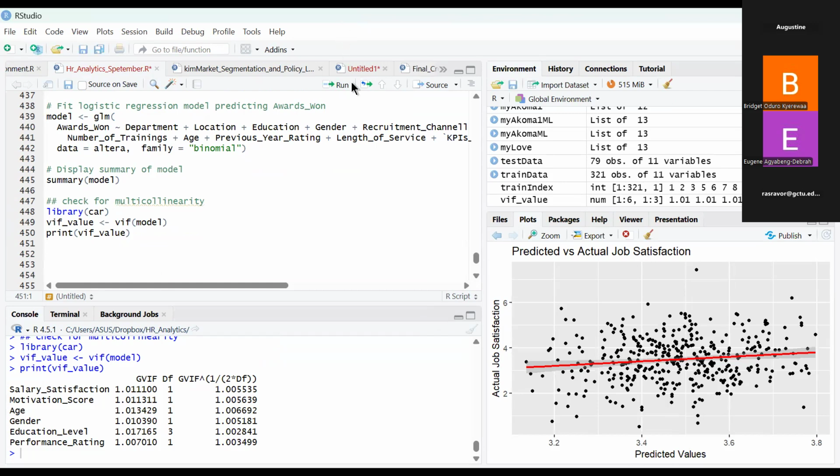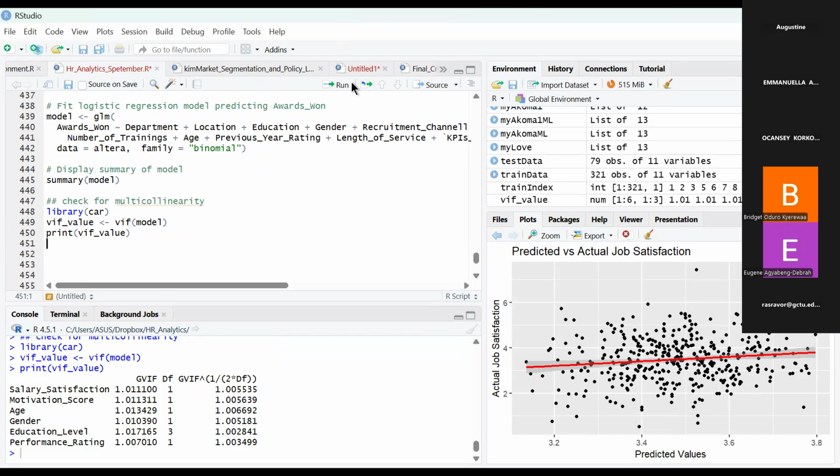Any question? Please, Prof. Library into bracket car.